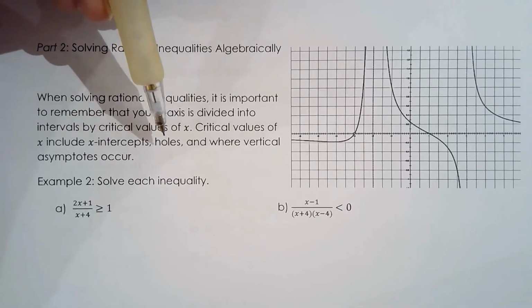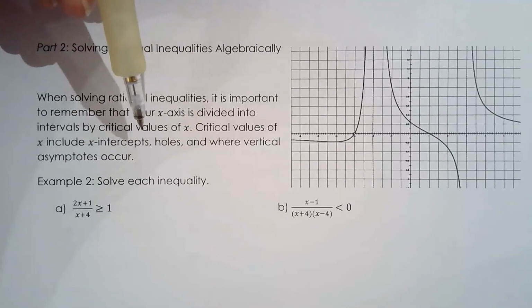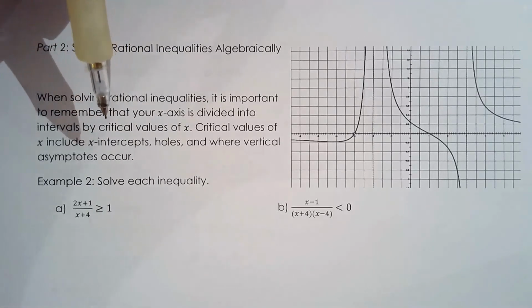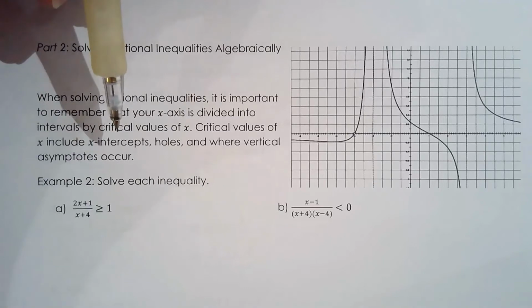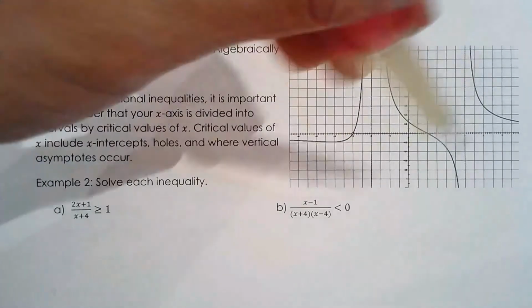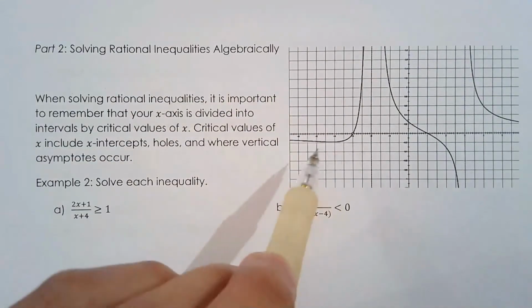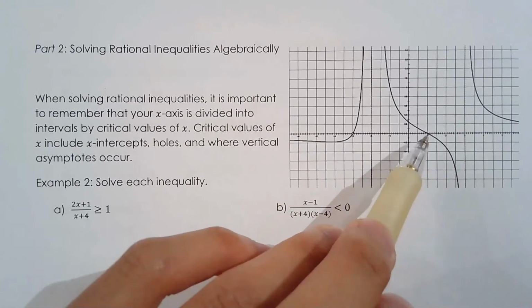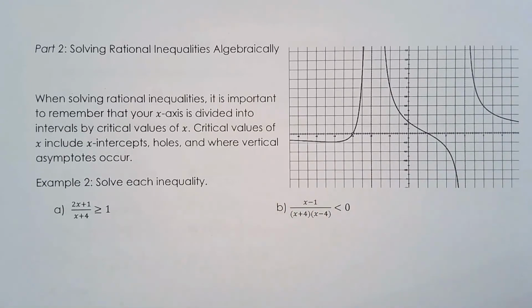There are holes and there are vertical asymptotes, which divide the function into different intervals. So you have to establish where the x-intercepts are, where the holes are, and where the vertical asymptotes are. I tried to show you a beautiful graph of a rational function where it changes signs at a vertical asymptote, at an x-intercept, and at a hole, to show you why we need to find those values and divide the number line into those respective intervals.